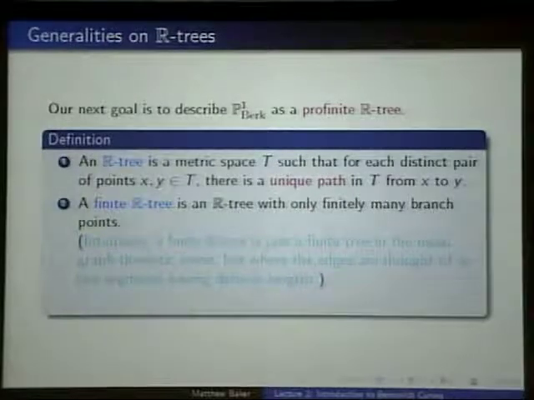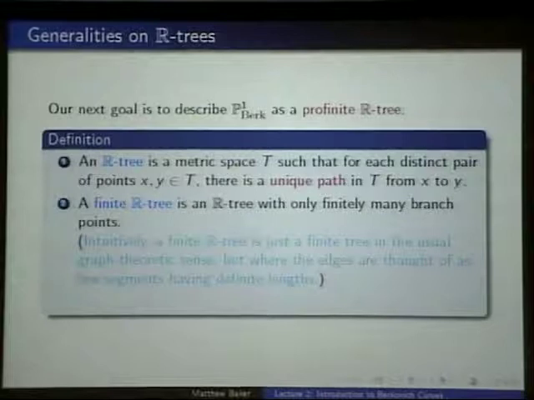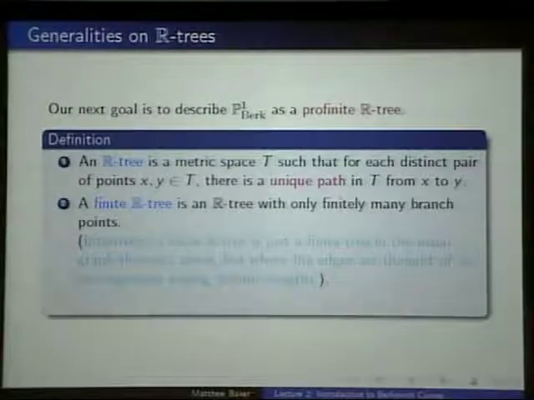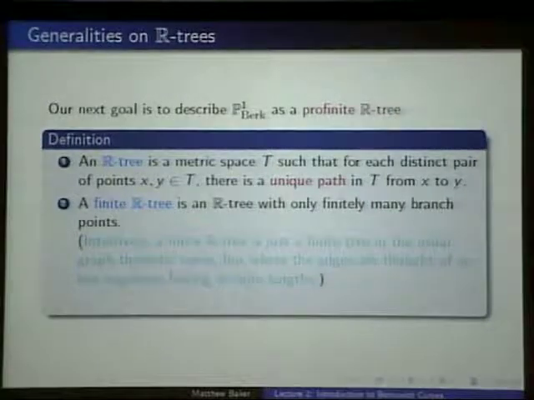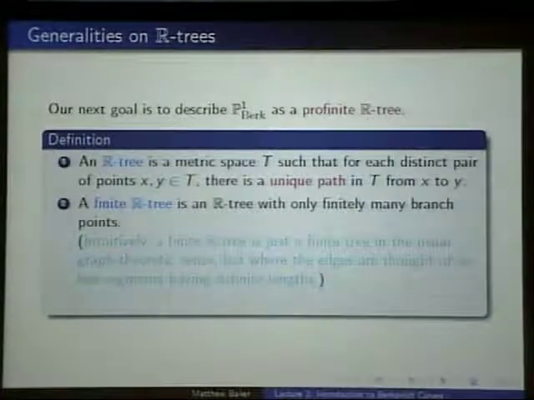A finite R tree is one with finitely many branch points. So maybe I won't define precisely what that means, but intuitively, the idea is that you take a normal finite tree with finitely many vertices and edges, but you think of the edges as line segments having definite lengths. And so, for example, this Bruhat-Tits tree, which Jeremy was considering, he was thinking of the edges as line segments of length 1, right?